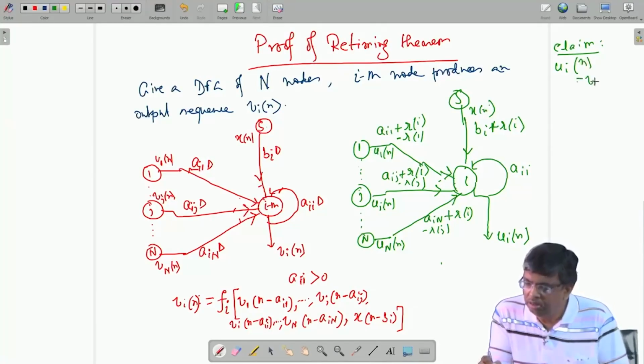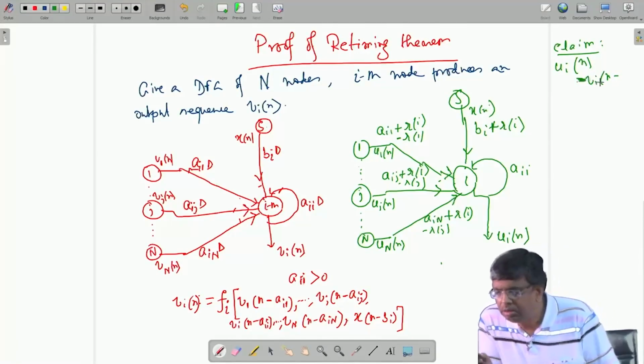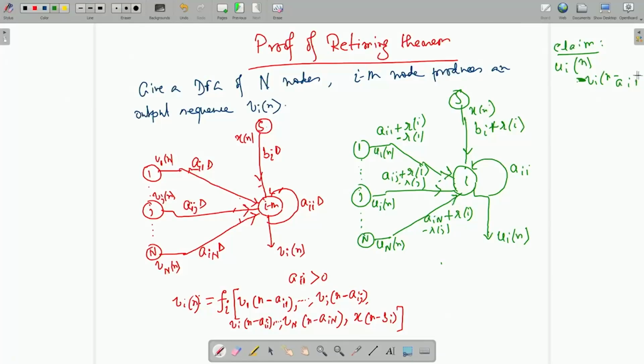UIn is nothing but the original VIn minus some delay, and the delay is nothing but the retiming value of this node.